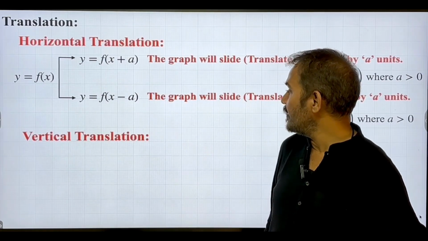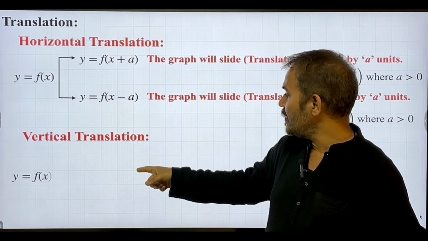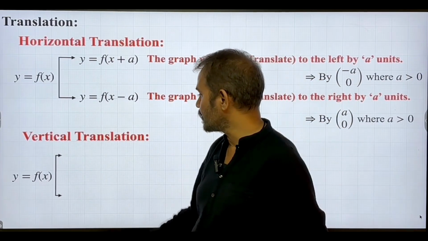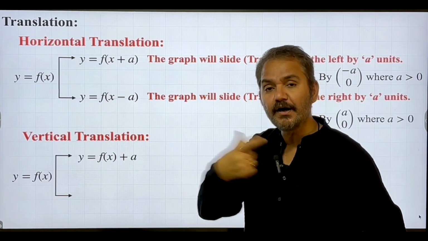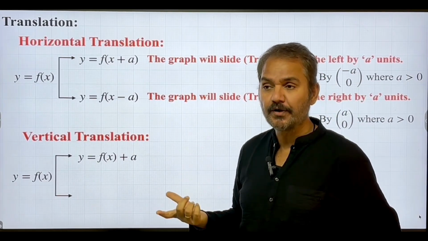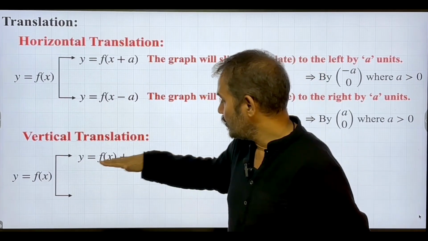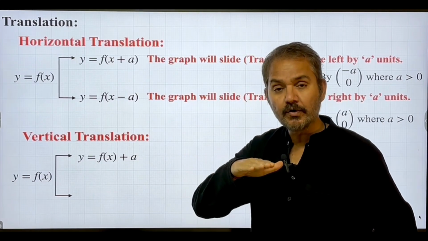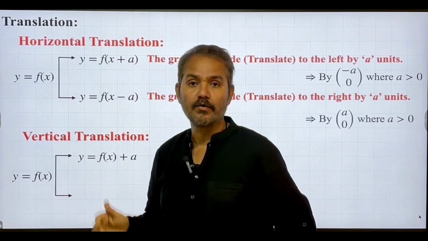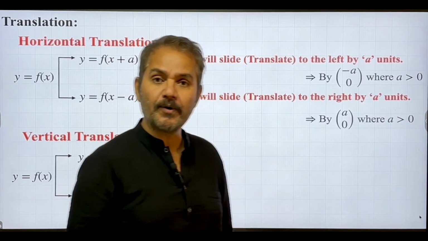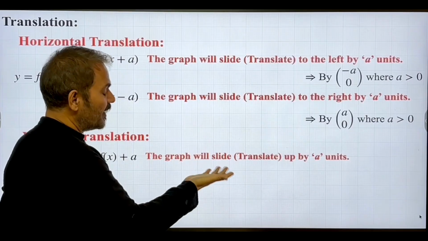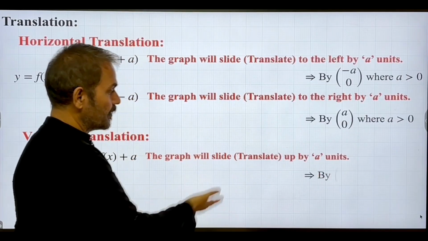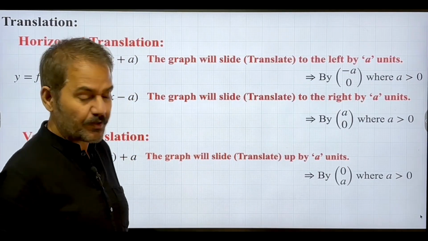Now if the entire function f(x) is increased by a positive constant, the change is made to y, so you will see a translation along y. If you add a positive number, it moves up, so the graph will slide up by a units, and we can write it as (0, a) in matrix form.